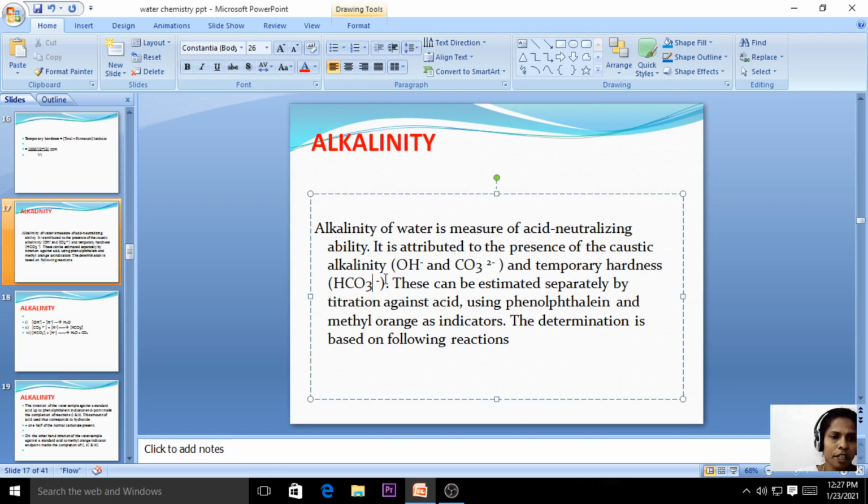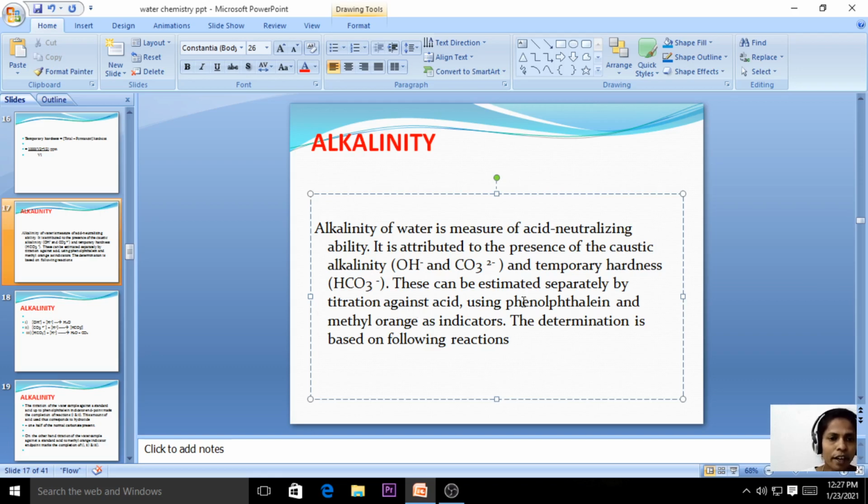presence of bicarbonate. So these can be estimated separately by titrating against acid using phenolphthalein and methyl orange as indicators. So how are we finding? We can find caustic alkalinity by using phenolphthalein indicator and temporary alkalinity by using methyl orange indicator.